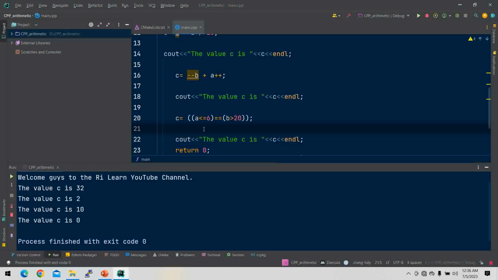And also less than or equals to and greater than have the same precedence, and multiplication and addition also have the same precedence. So we have seen the basic operators and their precedence.